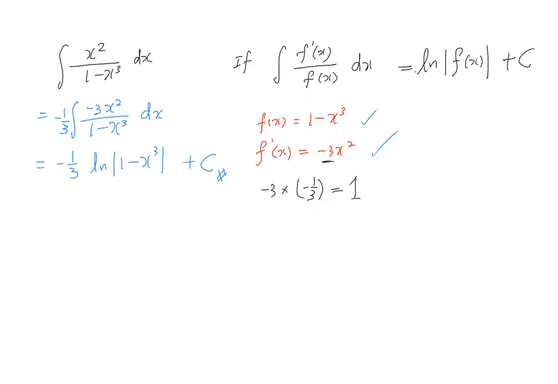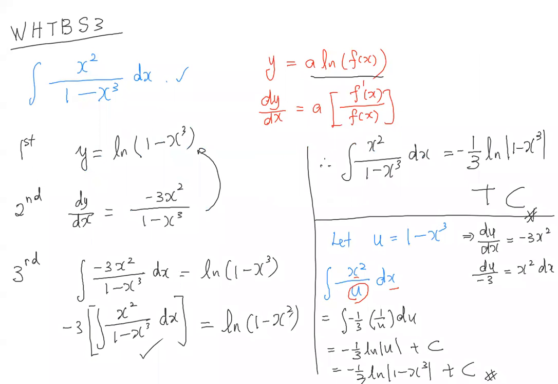So when you talk about substitution method, it doesn't mean that you have to let u be equal to 1 minus x cubed. You can have your own method, you can have your own way, as long as you communicate clearly. So that is where creativity comes. You get me?